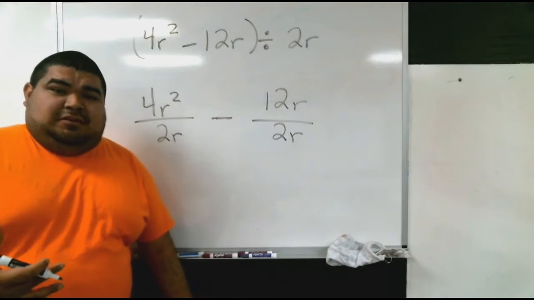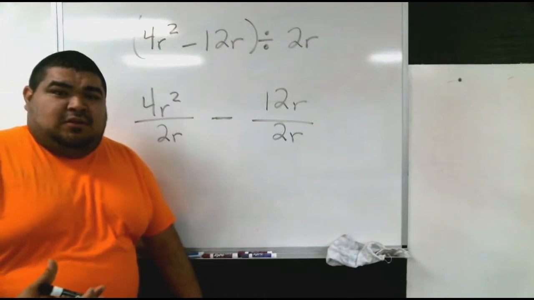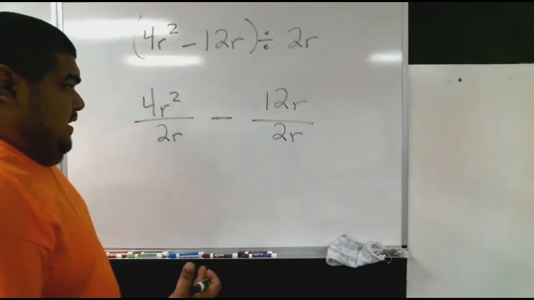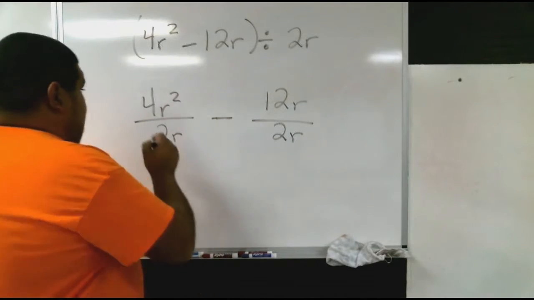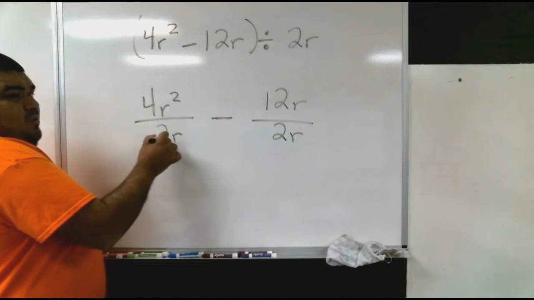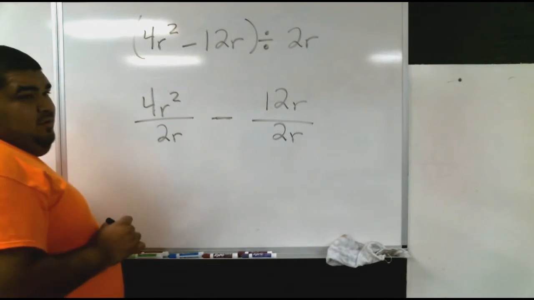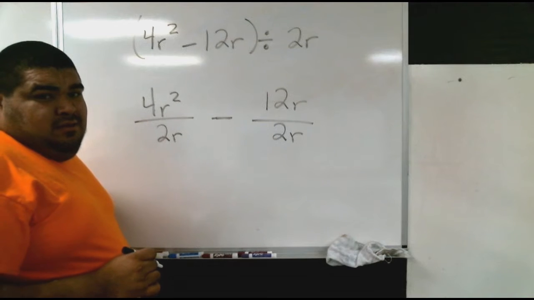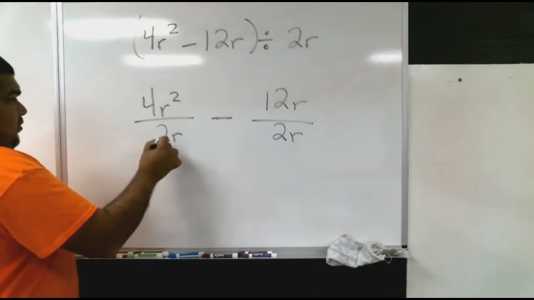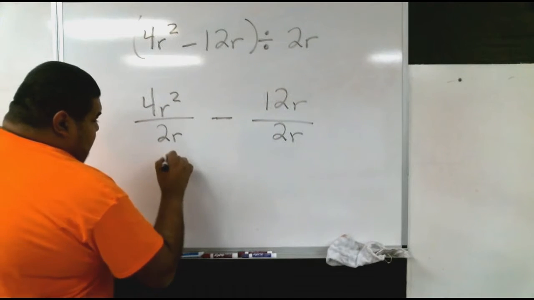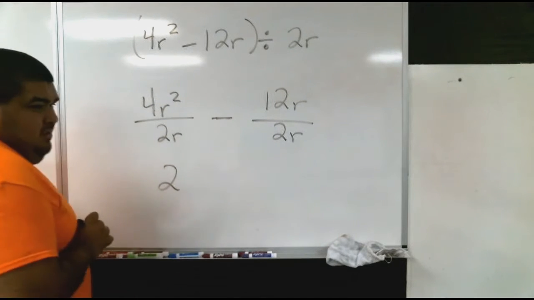All you have to do, guys, is reduce as much as you can. If you notice, 2 can go into 4. When that happens, you just get the number. So 2 can go into 4 two times.